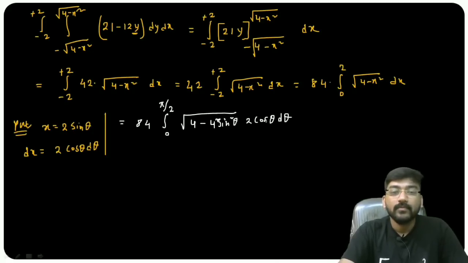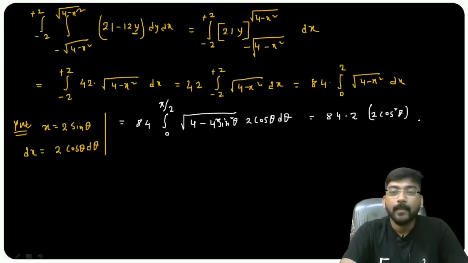If you take 4 common, it will be 84, this 2 and this 2, so 2 will be here, and 2 cos theta here and 2 cos theta here, so 4 cos square theta. So 2 is here and 2 cos square theta is here.